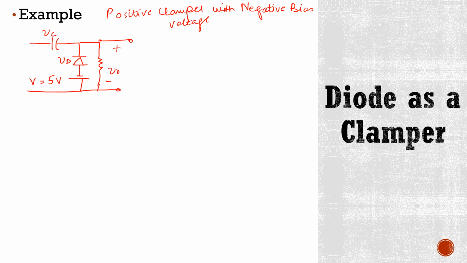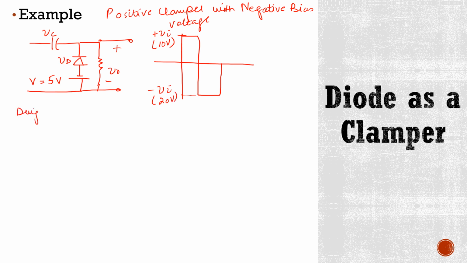And again, if your input square wave is same, that is, this is plus Vi, it is 10 volts, and this is negative Vi, which is 20 volts. So again, this diode will conduct during negative half cycle of input.